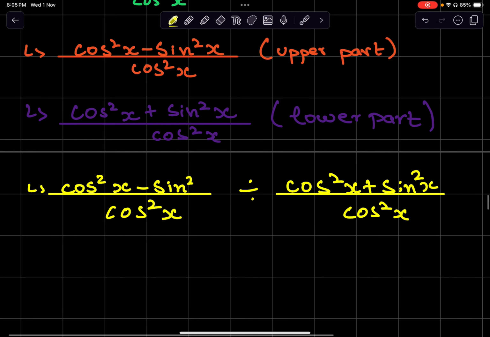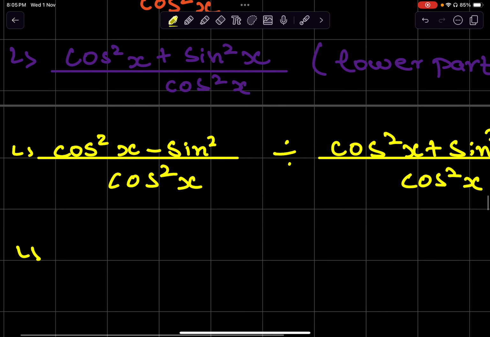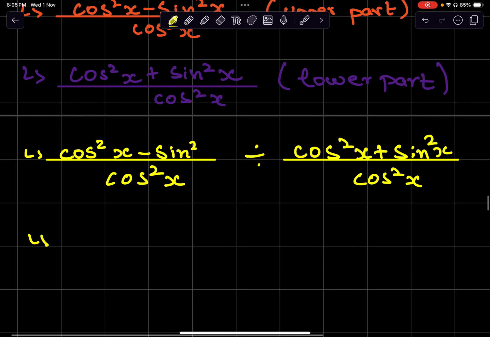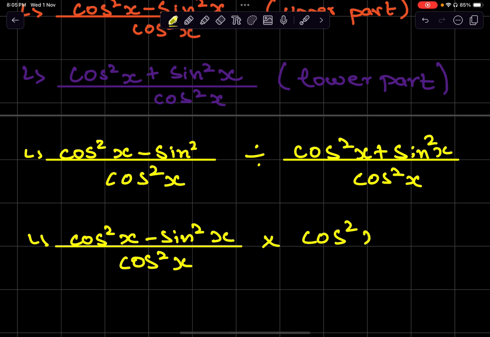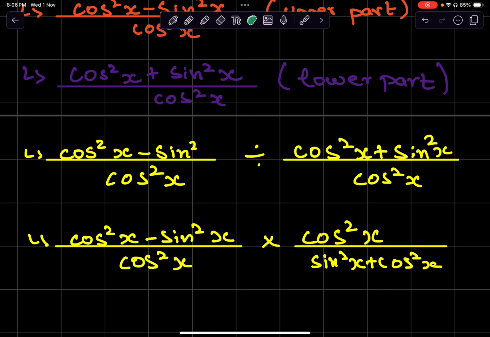So what are we going to do? We're going to take the reciprocal of the fraction in order to eliminate the division. So cos square x minus sine square x upon cos square x multiplied by cos square x upon sine square x plus cos square x. Let me extend this line. All right, perfect.